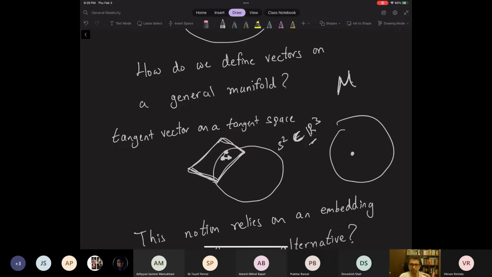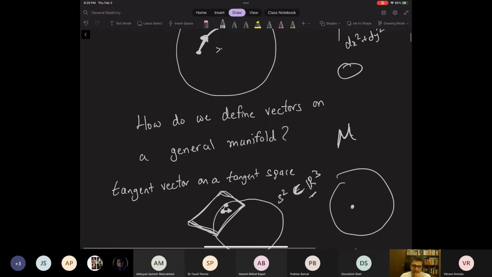And more importantly, we don't want to refer to some particular embedding, because as we've seen, the topological properties of, let's say, these two rings, the fact that these are homeomorphic to each other, can be seen in one embedding, but it can't be seen in another. It's not obvious if I embed this in R3, but in R4, it's easy to see that these are topologically equivalent.